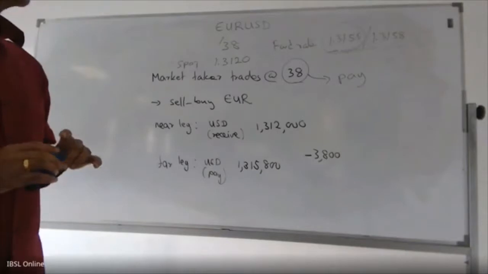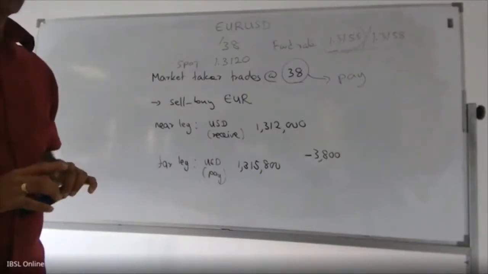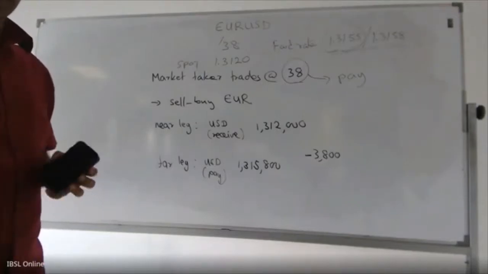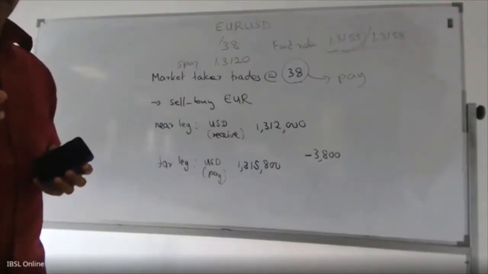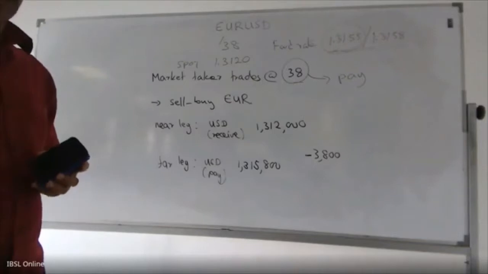But when you quote forward points, forward prices, you may only incorporate some view on your interest rates into the interest rates. Then you make that price.